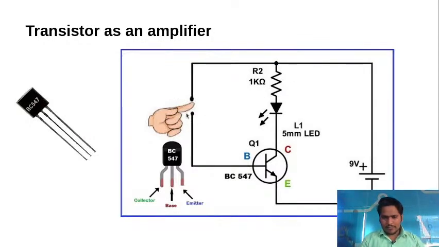Manual intervention is there, and if you touch the wire, human body resistance is very high. So the 9 volt is coming from here, but the body is very high resistance, so the voltage which comes at the base will be 0.8 volt approx, and that will trigger the base and the LED will be turned on.